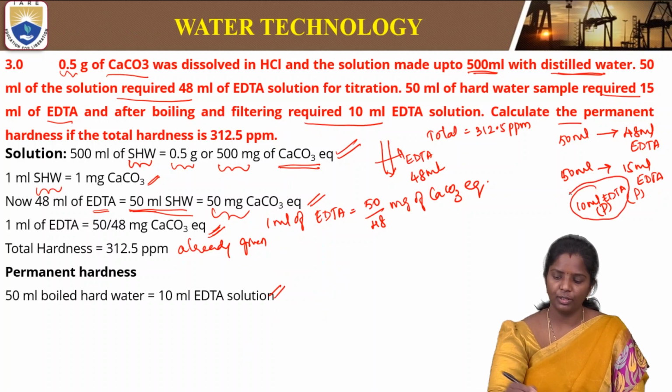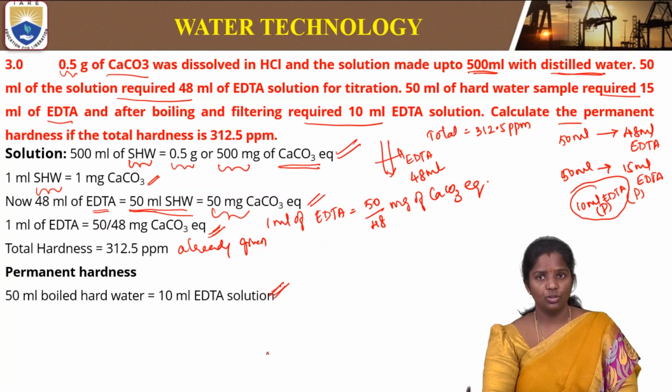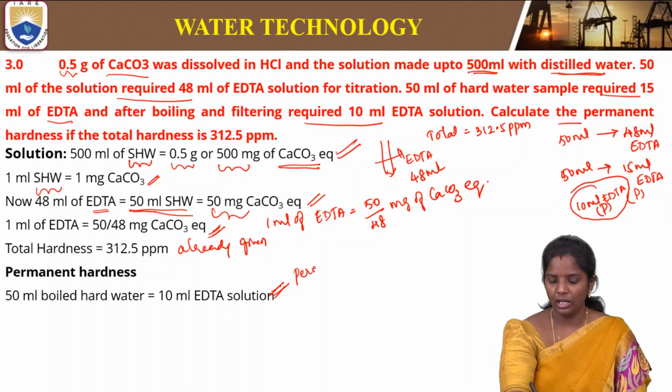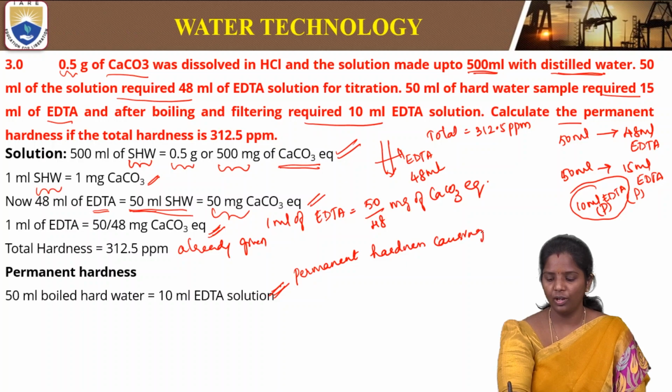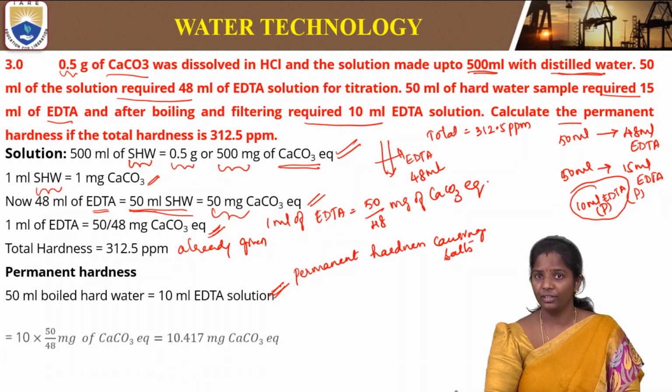If you see from the question, we have written that 10 ml of EDTA is consumed for 50 ml of boiled hard water, that is for the permanent hardness causing salts. After boiling, it will contain only permanent hardness. So the boiled water is consuming 10 ml of EDTA.